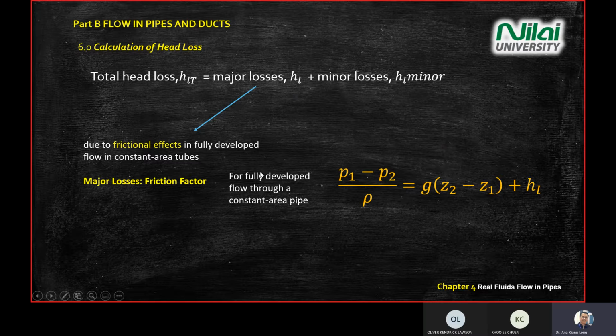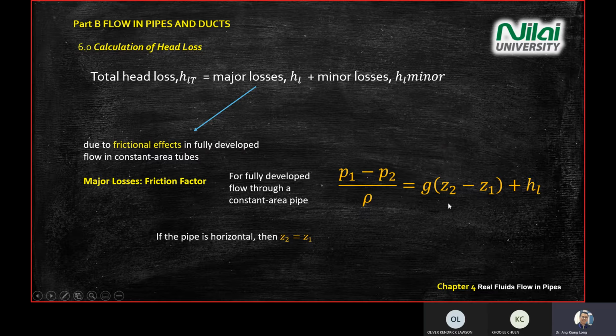The second equation is the one we'll use to analyze problems for this chapter. It starts with the pressure difference, P1 minus P2, divided by density, equal to gravitational acceleration times your elevation difference, Z2 minus Z1, plus the major losses, HL.